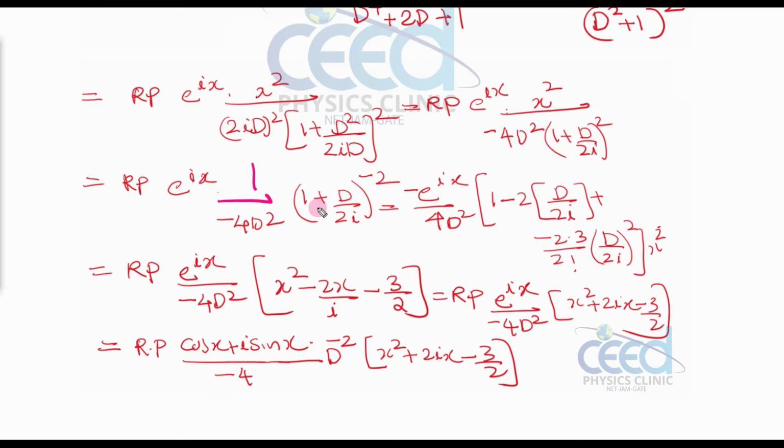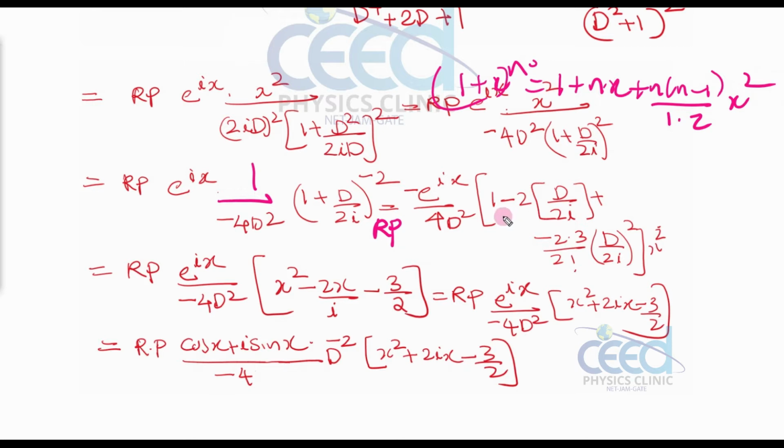Now I can expand this using the binomial theorem. We have to keep this real part up to the last step. So real part of minus e raised to ix by 4d square, and when I am expanding this, 1 plus x whole raised to n is 1 plus nx plus n into n minus 1 by 1 into 2 into x square.